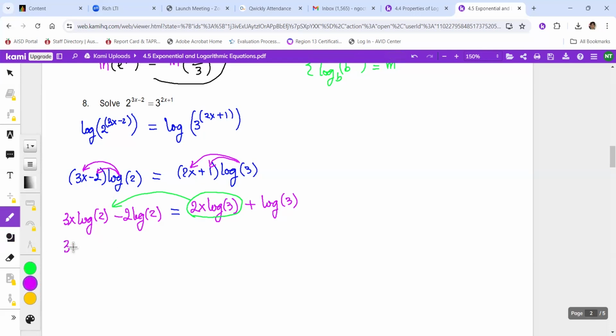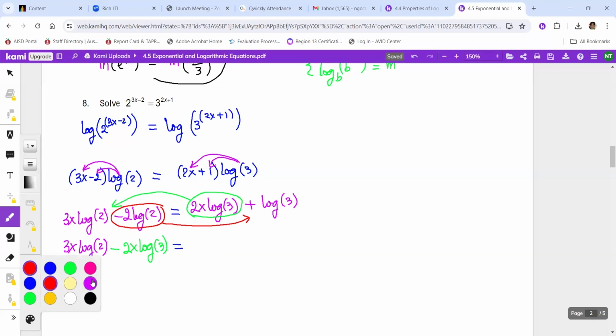So we have 3x times log base 10 of 2 minus 2x times log base 10 of 3. And the term that doesn't have x in there, which is on the left hand side, is 2 times log base 10 of 2. We're gonna go ahead and move it to the right hand side, so it becomes a plus.